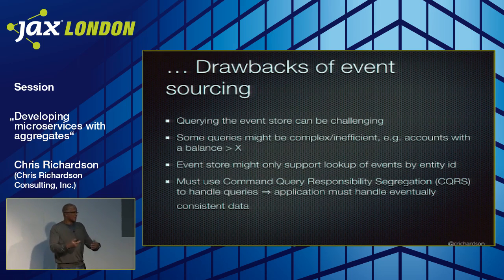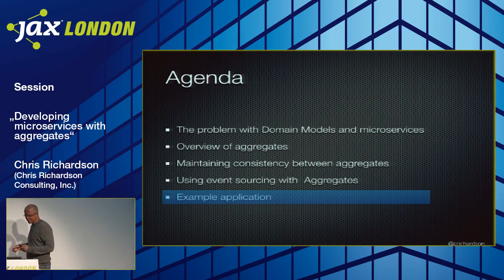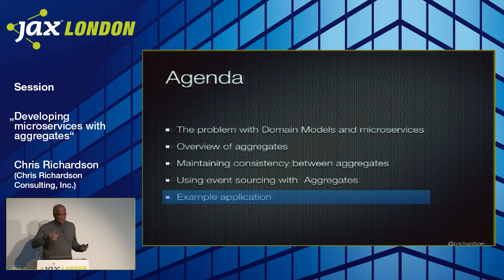And so CQRS is just a natural pattern to have anyway, regardless of whether you're using event sourcing or not. So that's event sourcing in a nutshell. I just want to quickly show some code.